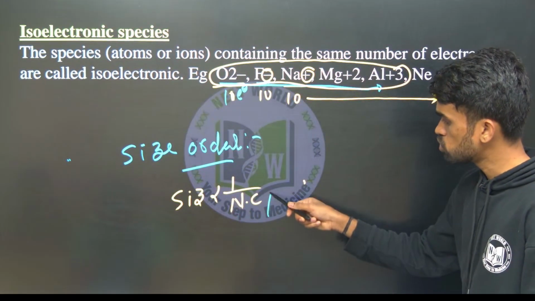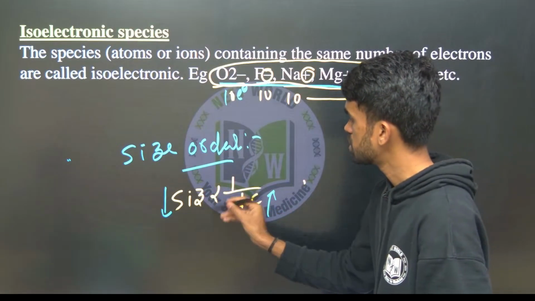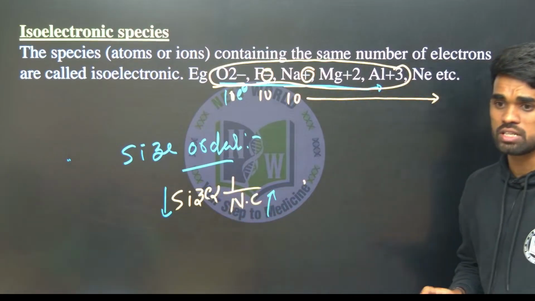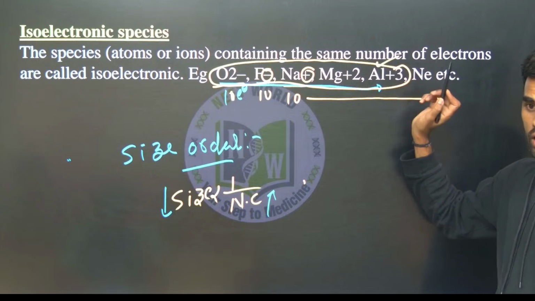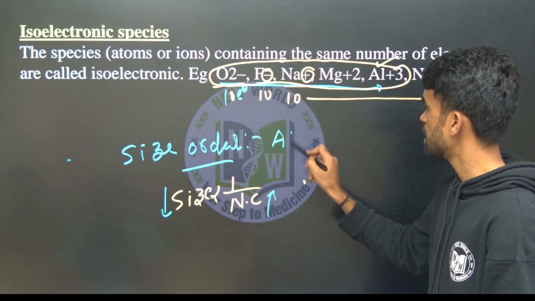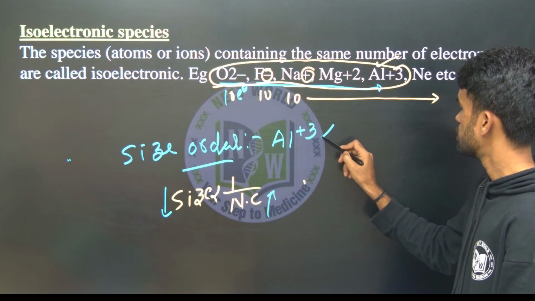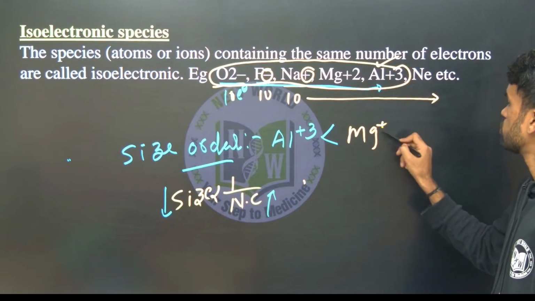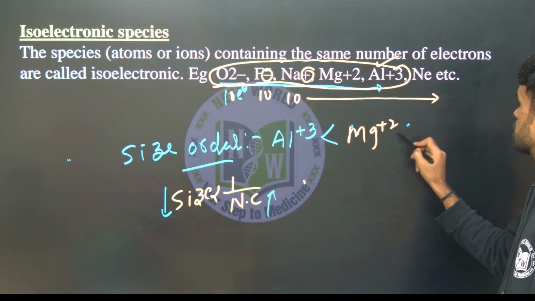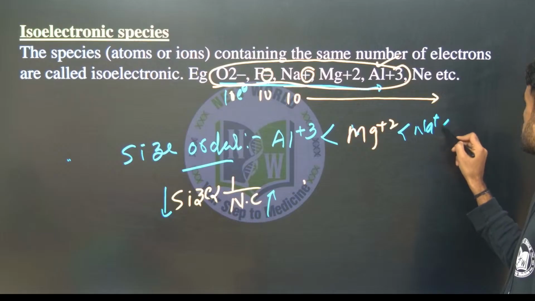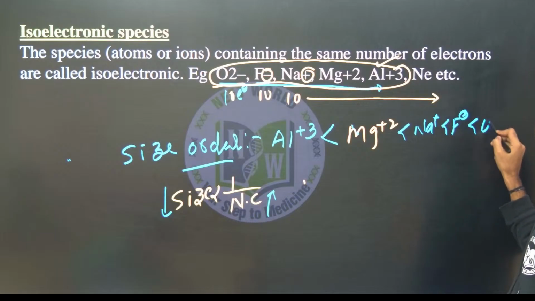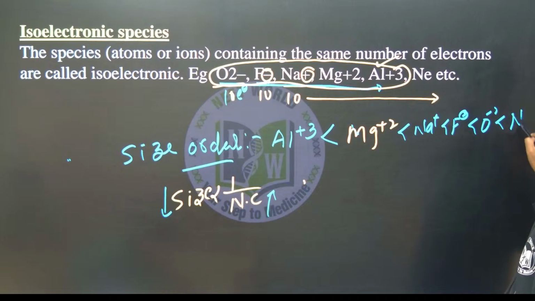The more positive charge, the lower the size. So where do we have more positive charge? Al plus 3, so it has the smallest size. Then Al plus 3, Mg plus 2, next Na plus, F minus, O minus 2, and so on. If I give nitrogen also, N minus 3 you can write like this.